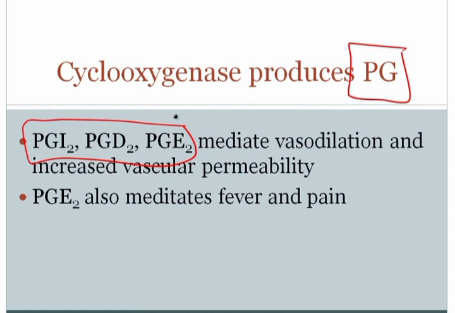In addition, prostaglandin E2 also mediates fever and pain, and the way I remember that is sort of fever is mediated by E2. So prostaglandin E2 mediates fever. So anyway, whatever helps you to remember it, but you do need to know that prostaglandin E2 mediates fever, and it also mediates pain.